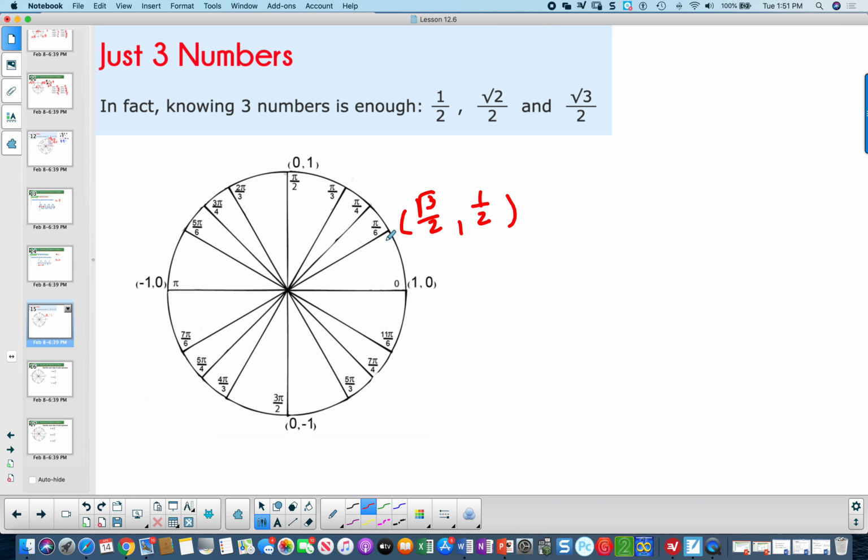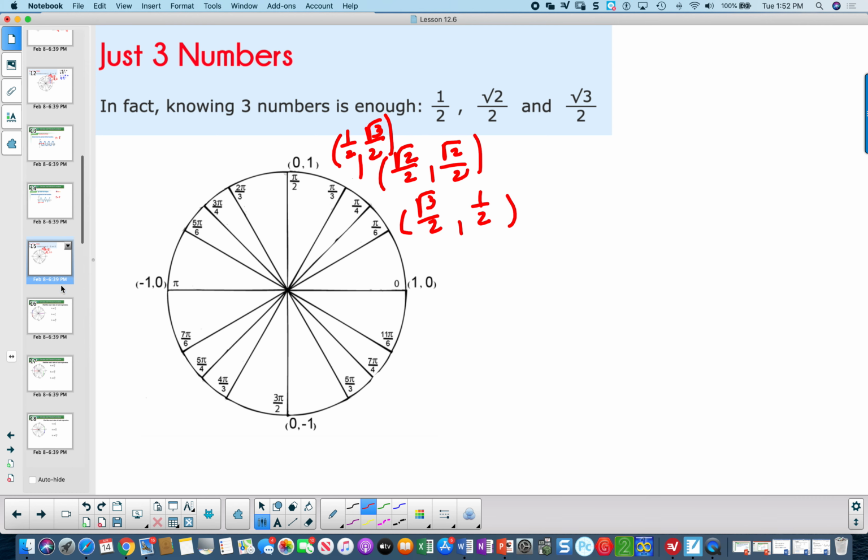This is what we would have used for 30 degrees. Pi over 4 is the 45, 45, and so it's root 2 over 2, root 2 over 2, and pi over 3 is the 60 degree, and the short leg is right here along the x-axis, that's 1/2, and then this is root 3 over 2. So what we did with degrees, we can do with radians as well.